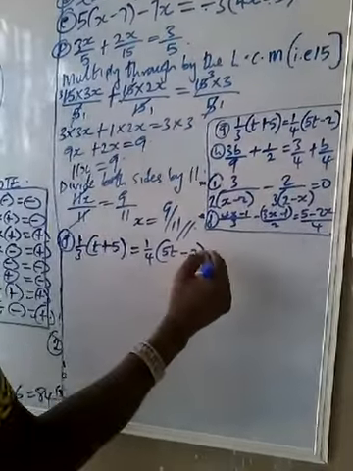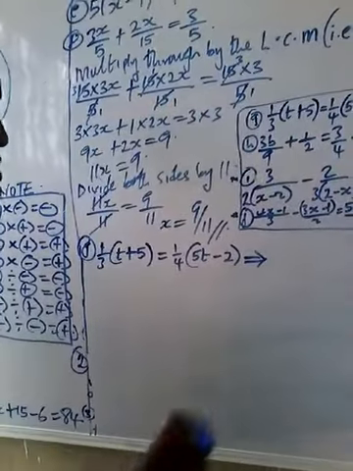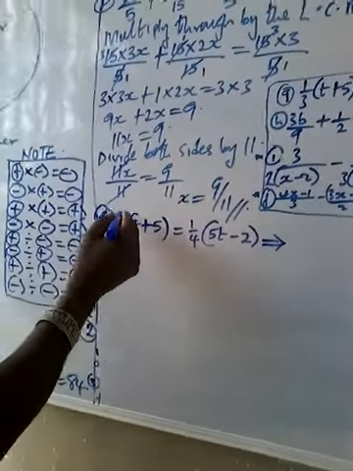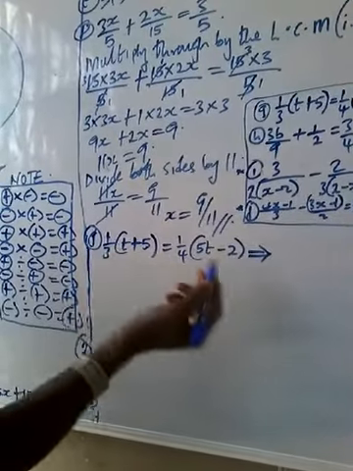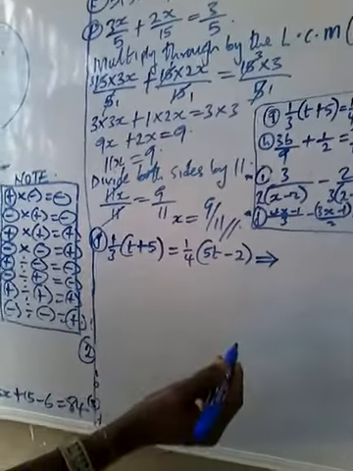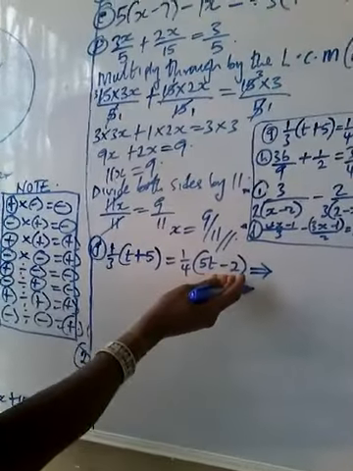This is same as: use the numerator to multiply the brackets, then put all over the denominator and do the same on this side.